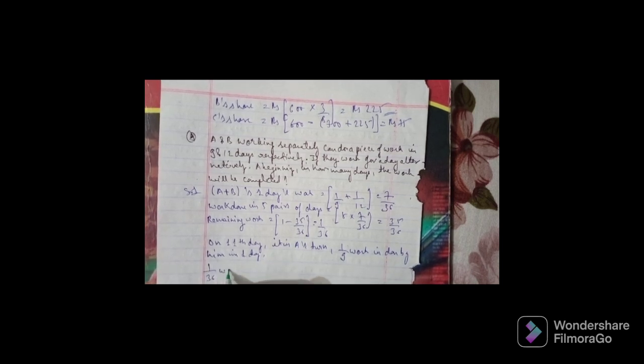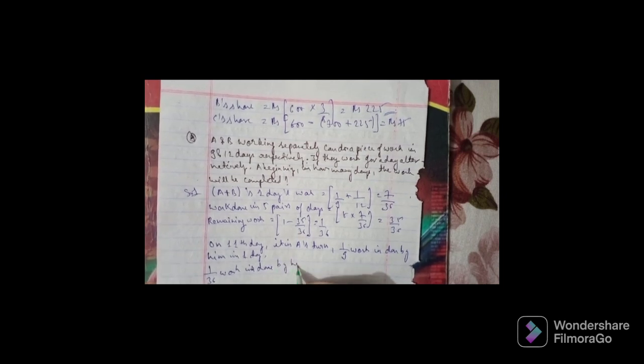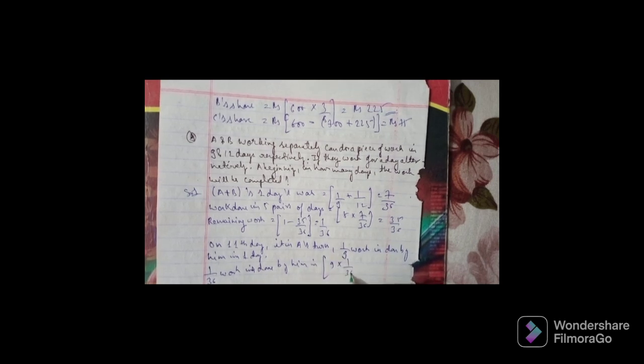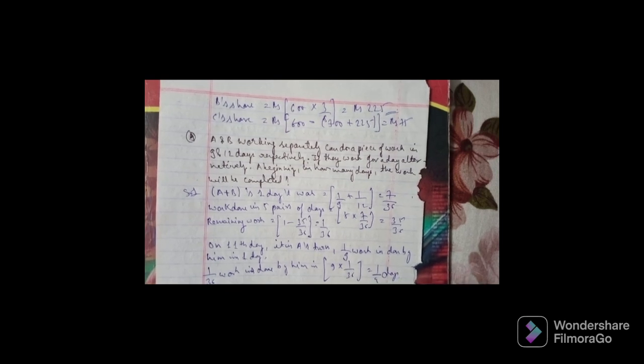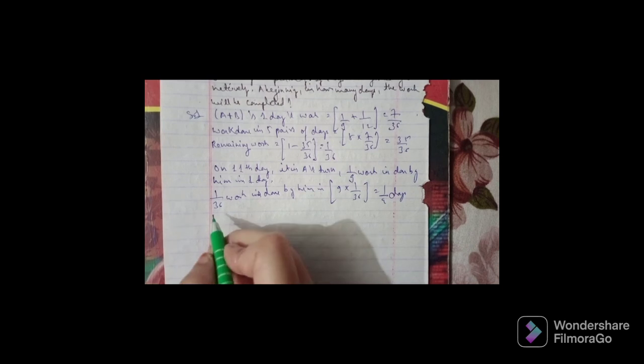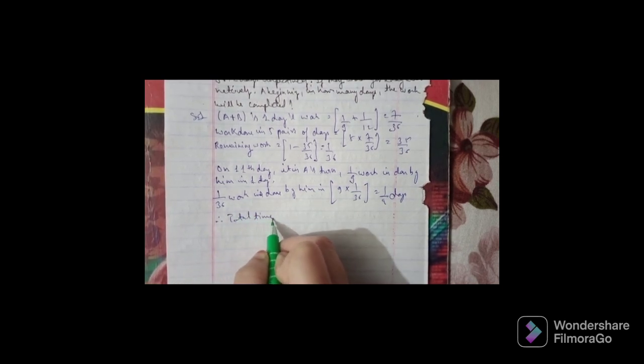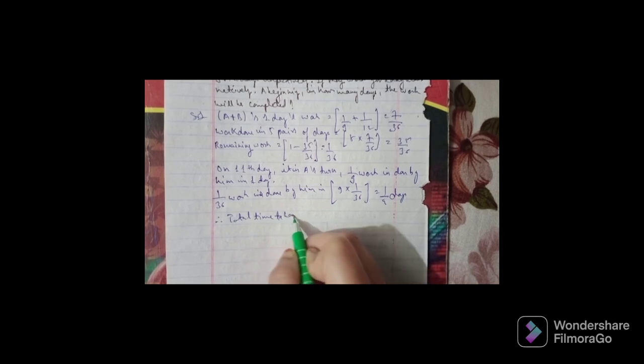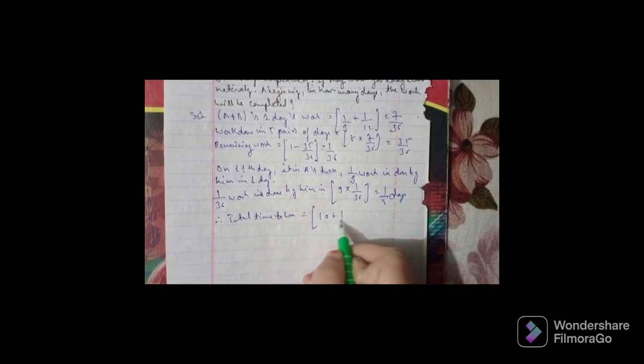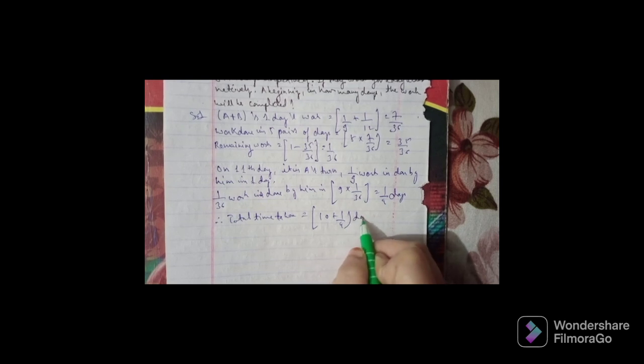So 1/36th work is done by him in 9 into 1/36, which is equal to 1/4 days. So total time taken equals to 10 plus 1/4 days equals to 10 1/4 days.